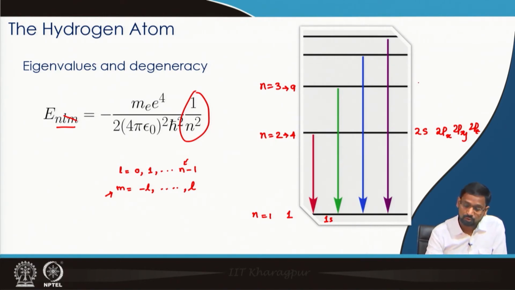Similarly, in case of n equals 3, you would see that 3s, the 3 set of 3p and the 5 set of 3d orbitals, together the 9 orbitals will have same energy. Again, that is for hydrogen atom. For hydrogen atom, the energy levels depend only on principal quantum number. But helium atom, lithium atom, all atoms where more than 1 electron is there, the energy depends on n as well as l quantum number.